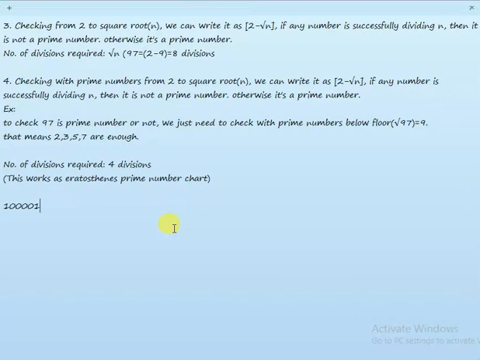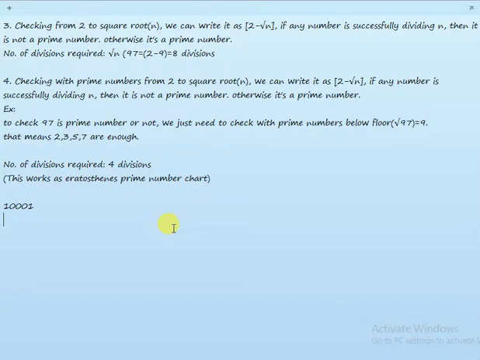To check that, we need to find the square root of 1 lakh, which is 100. Not 100, I think it's more than that. Okay, let's take an example of 10,001.